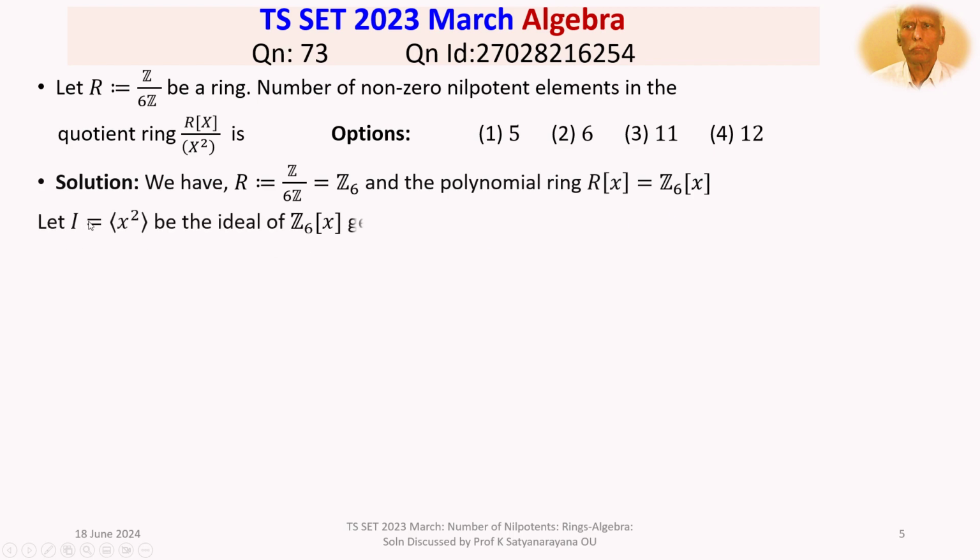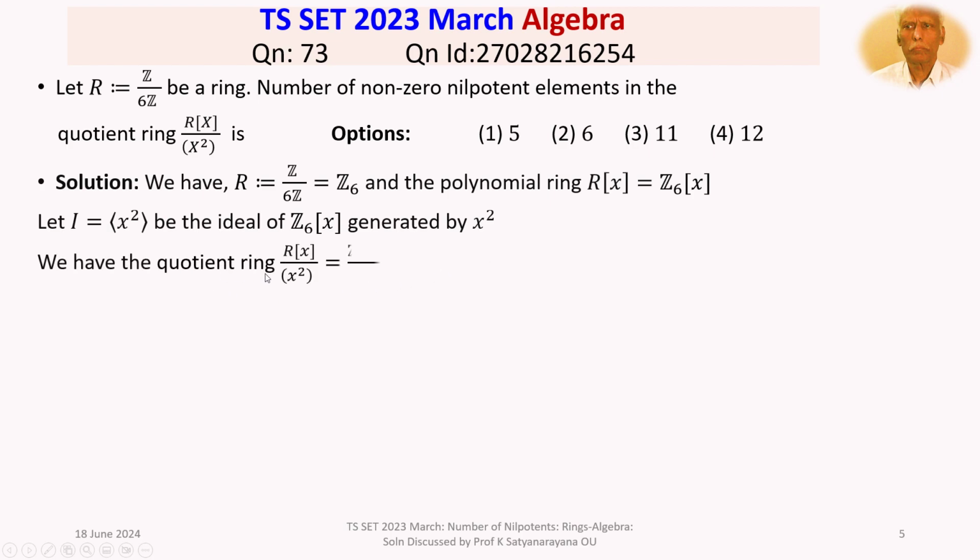Let I, normally the ideal is denoted by I, be the ideal of Z6[x] generated by x². And who are the elements of I? All those polynomials which appear as x² g(x), where g(x) belongs to Z6[x]. So all multiples of x², where g(x) is a polynomial from Z6[x]. That is the ideal generated by x².